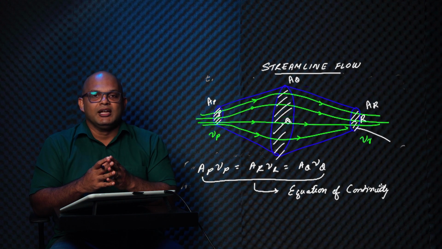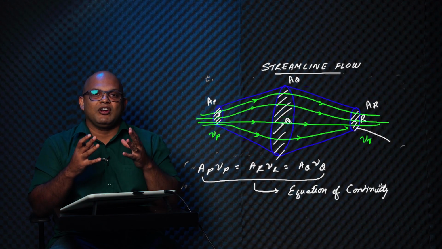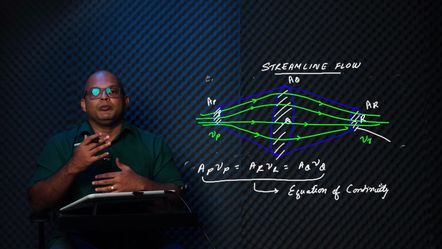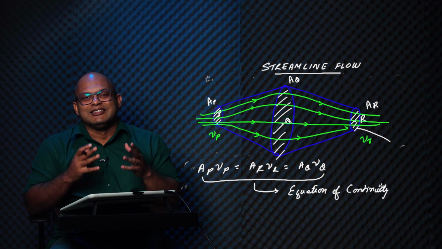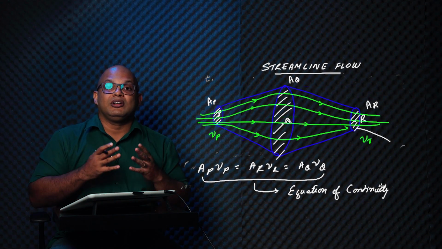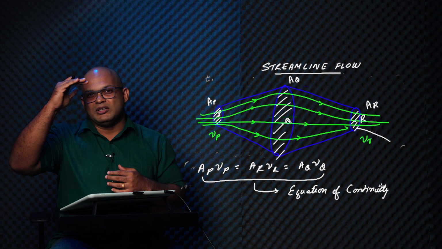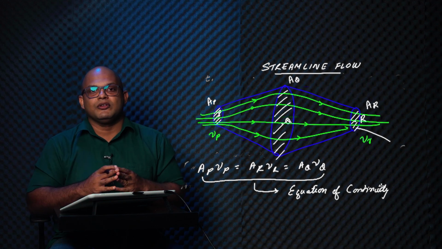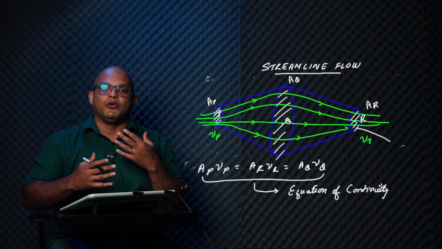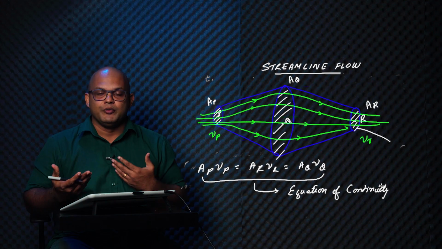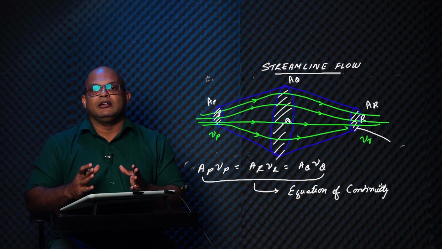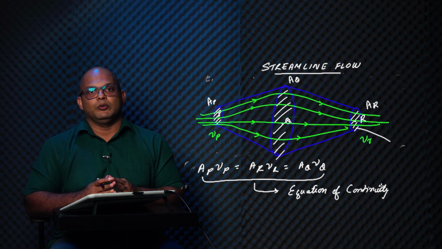There is friction and there are other effects which cause the streamline to break up and the flow to become much more irregular. This irregular flow is what we call turbulent flow or turbulence, and that is what you see in the tap. Once the water has passed through a certain distance, the flow starts becoming disorderly and turbulent, and the continuity equation fails to be valid for a turbulent flow of fluid.